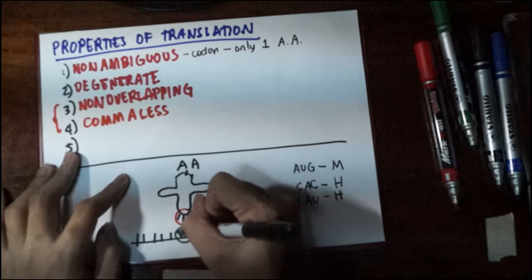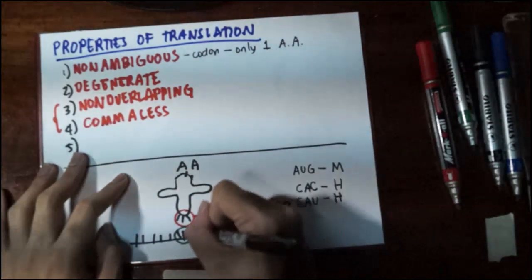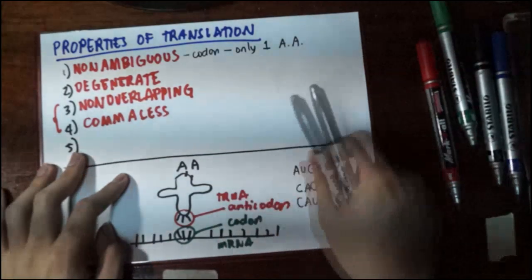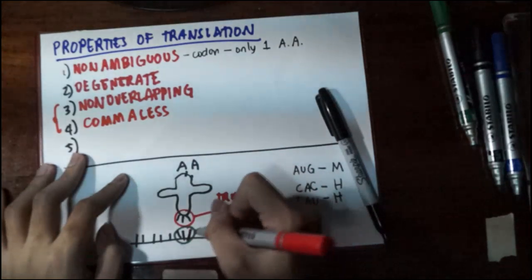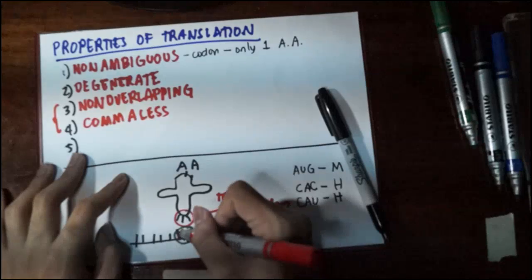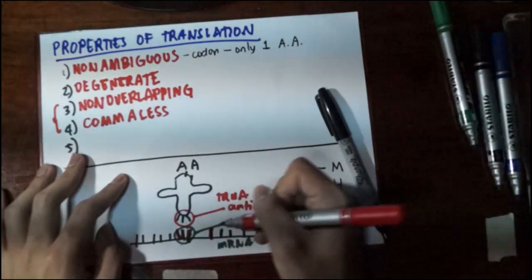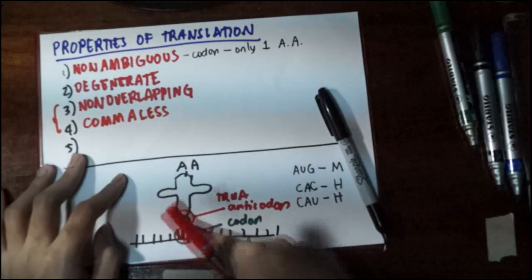If I have this codon here, I have the first, the second, and the third nucleotide of this codon. The third nucleotide cannot be part of the next codon. So it cannot be part of something like 1, 2, 3, then 1, 2, 3. No. If I end with 1, 2, 3, then the next one would be 1. This one cannot be part of the next codon, so it shouldn't be overlapped.